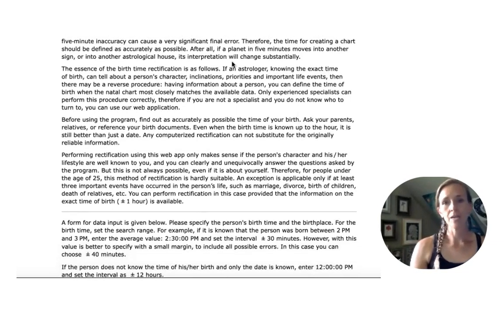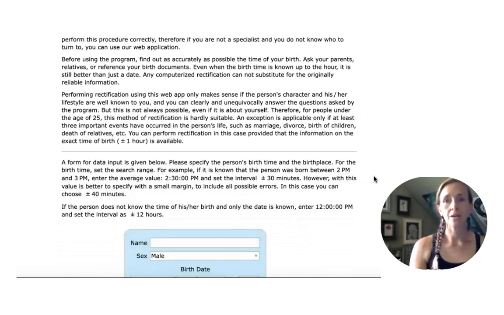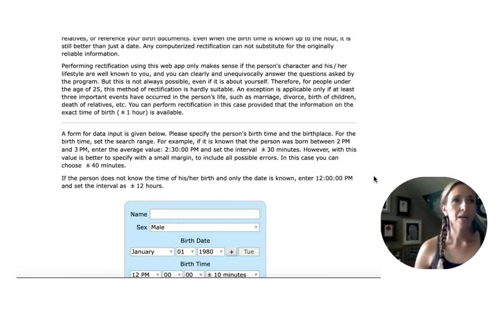And they've written an introduction about getting your birth chart rectified with an astrologer, and understanding that this web app is helpful, but one of the things that you'll want to do is the detective work beforehand to try to get as accurate a birth time as possible. So asking your parents, your relatives, seeing if you can check out that birth certificate.